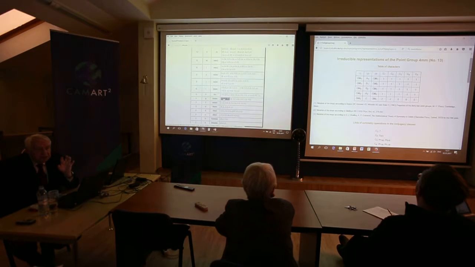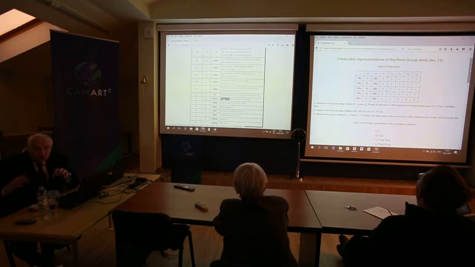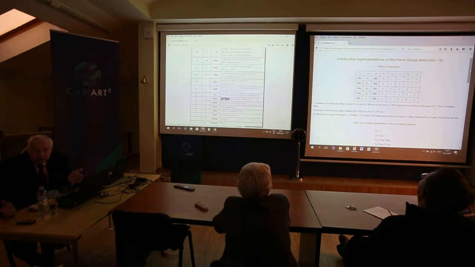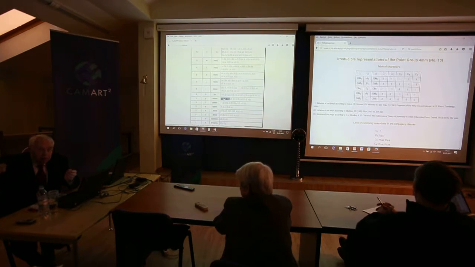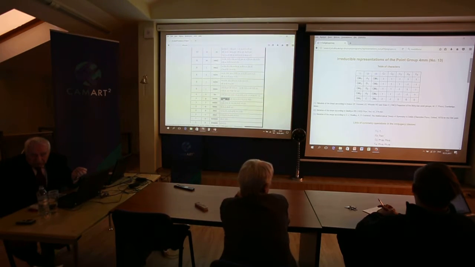So, the representation of a group, a matrix representation, is a set of matrices which reproduce the multiplication law of the group. As you may guess, if you take 1, 1, 1, 1, 1 for all elements of the group, it always reproduces the group multiplication law, because when you take 1 for all 8 elements, you have reproduced this.